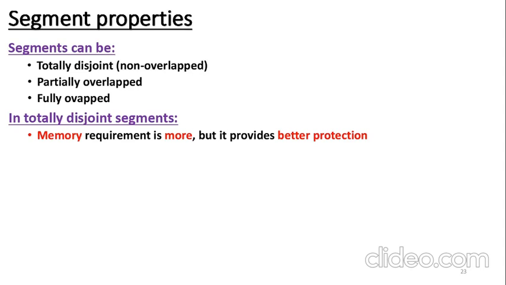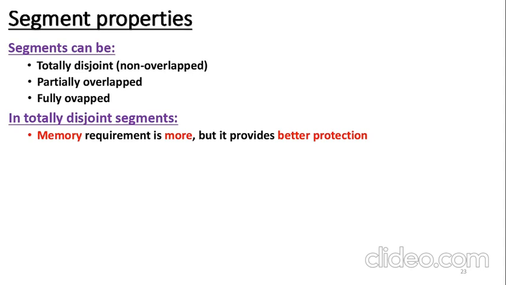It means that in case of totally disjoint segments here, that memory requirement per task is more. But segments are totally disjoint. There is no overlap region. That's why it provides a natural protection and it is always better. Okay, segments are protected by system itself.